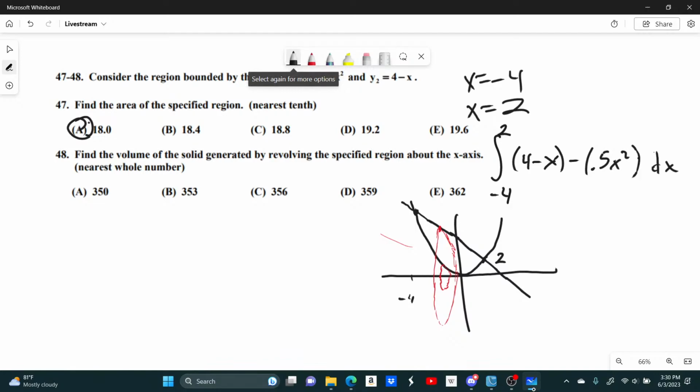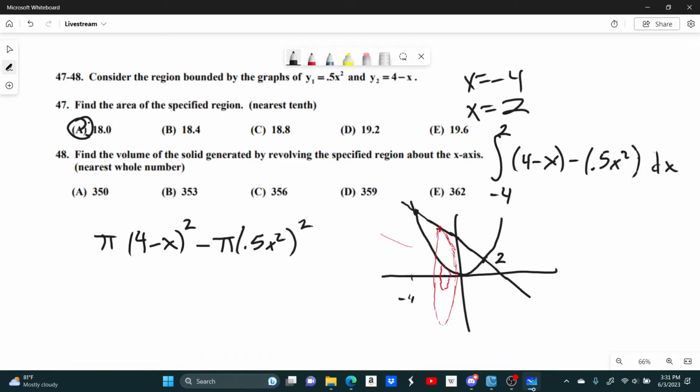The volume of one of these washers is going to be the value of the function at x, 4 minus x, which would be the radius of this disk, squared times pi, and then I have to subtract out this little one, which would be pi times 0.5x squared, squared.